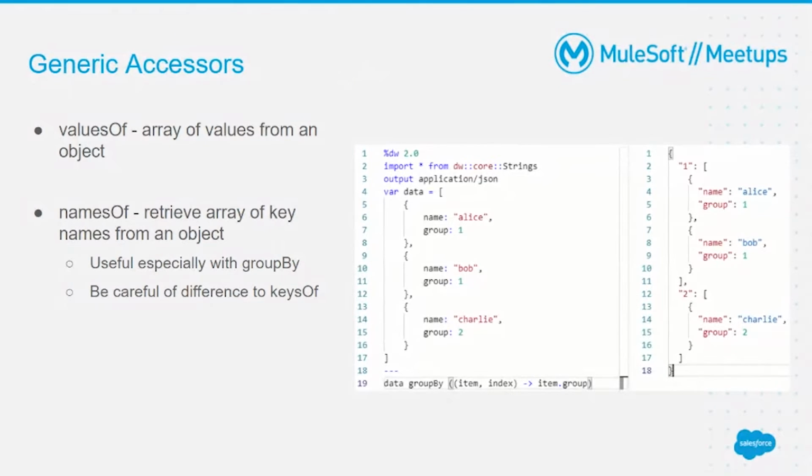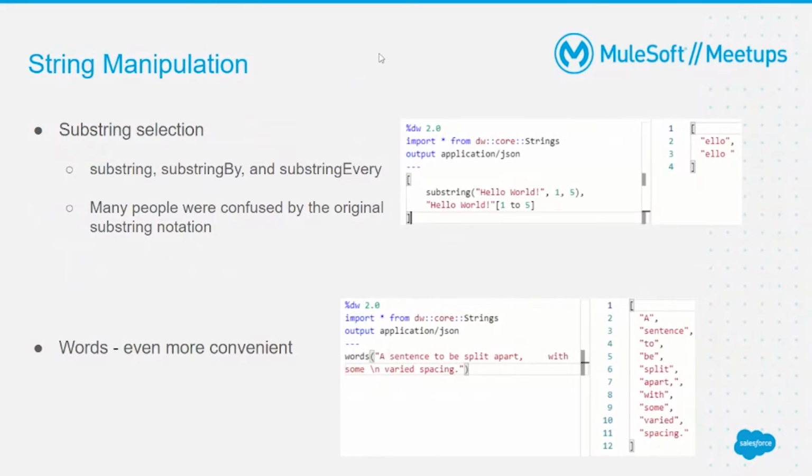So these namesOf and valuesOf operators are definitely useful. These and the update operator are probably the ones from this presentation that I've used the most. It definitely does get a bit more esoteric as we go through, but these ones are very useful and could come up in almost any project.